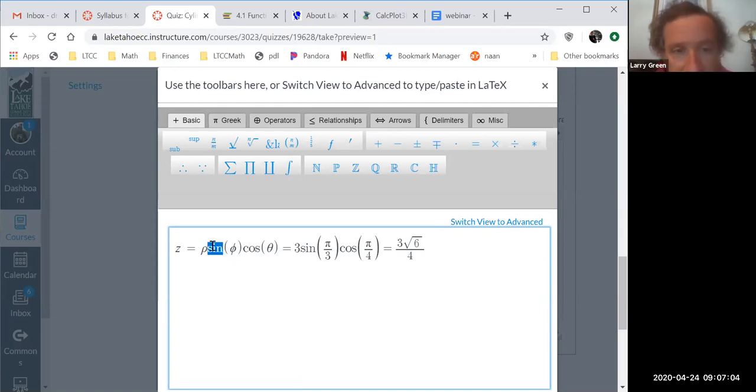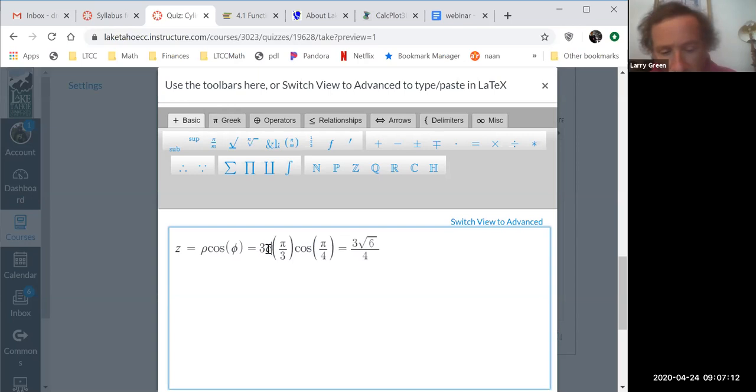The sine of phi becomes cosine of phi, and the cosine theta is gone. So this is cosine of pi over 3 times 3. And what is 3 times cosine of pi over 3? This one's actually much prettier. Yeah, that's just 3/2.